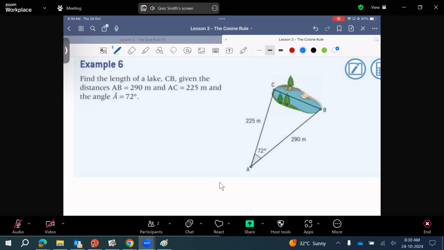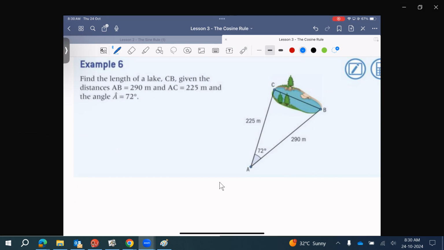Whenever you get a problem like this one, ask yourself a couple of questions. First question, is it a right angle triangle? If it's a right angle triangle, you use SOHCAHTOA. Is it a right angle triangle?